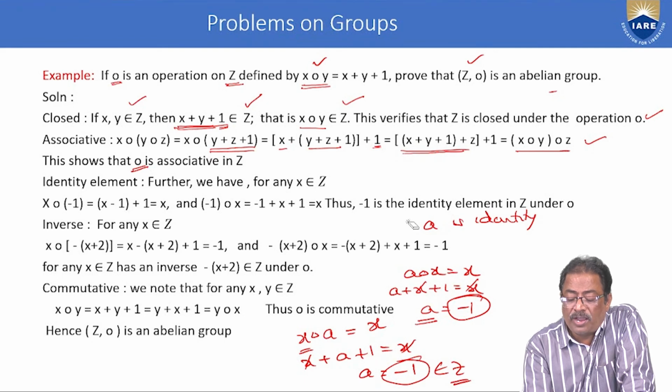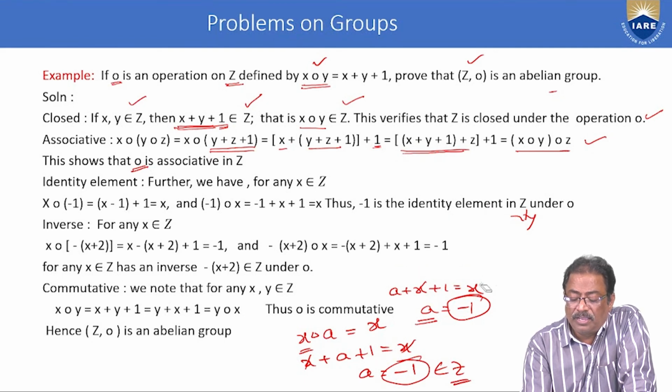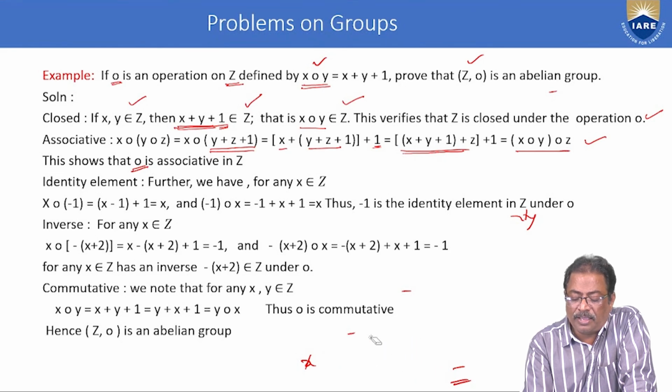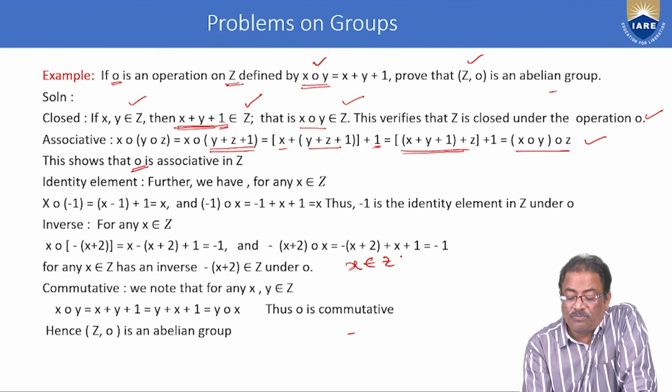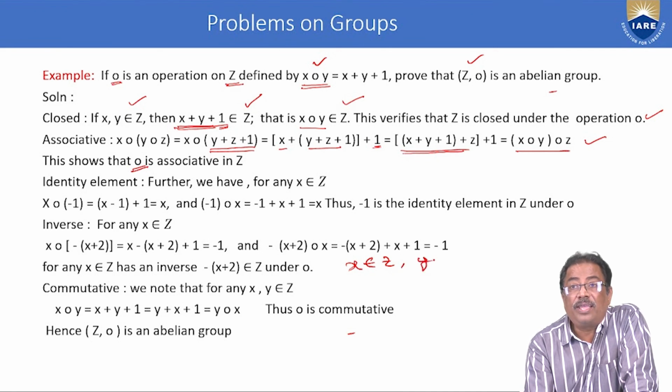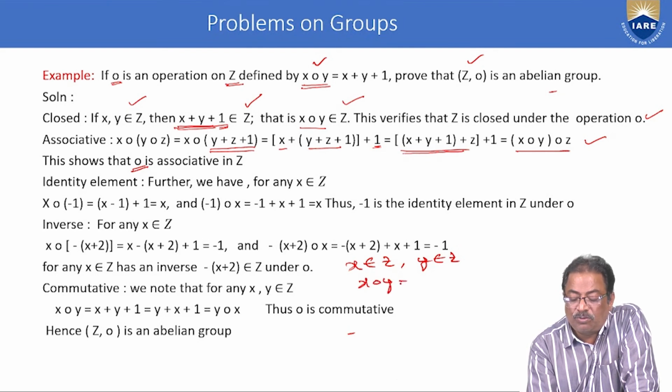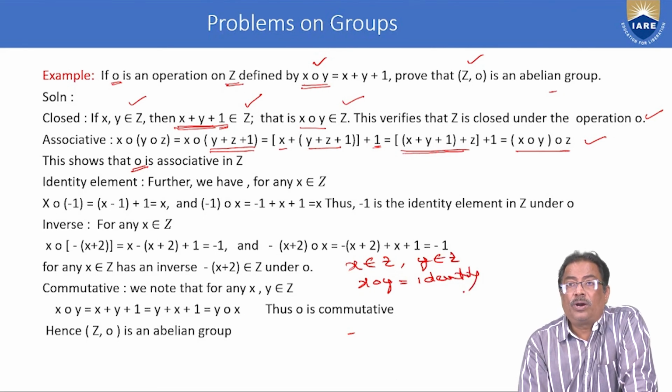Now we have to verify the inverse. Let us consider X is an element, X belongs to Z. Let us assume that Y is the inverse of X, which is also a member of Z. So now X circle Y is equal to the identity element, and minus 1 is the identity element.